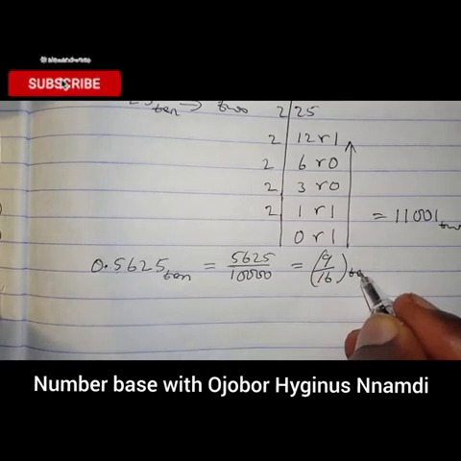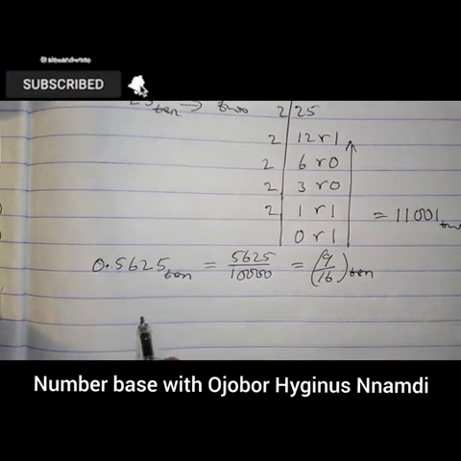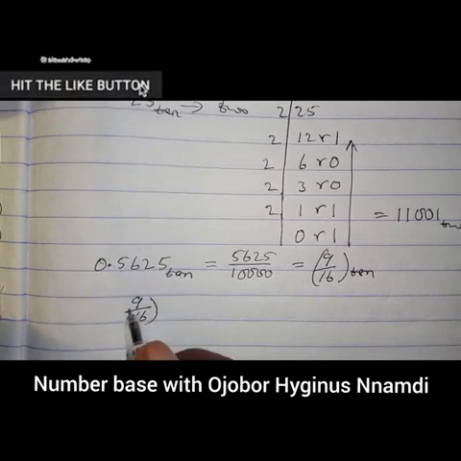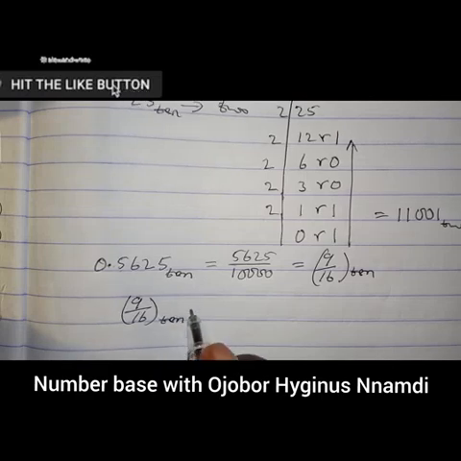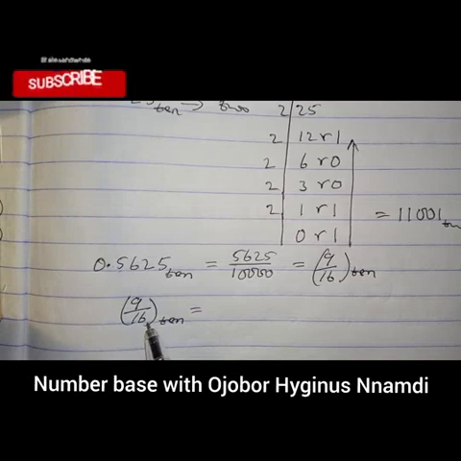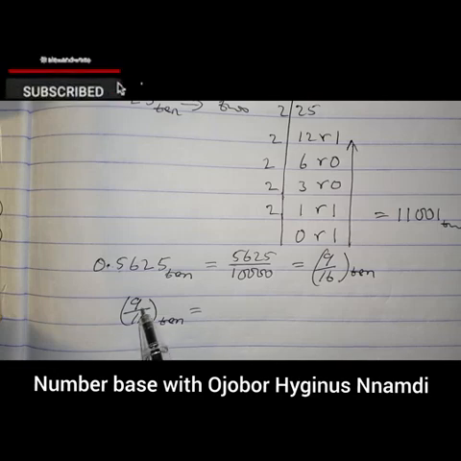Remember, it's base 10. And then from what we've learned, that 9 over 16 base 10 can be split. You look for those numbers I mentioned, that is multiples of 2 that are less than 9.